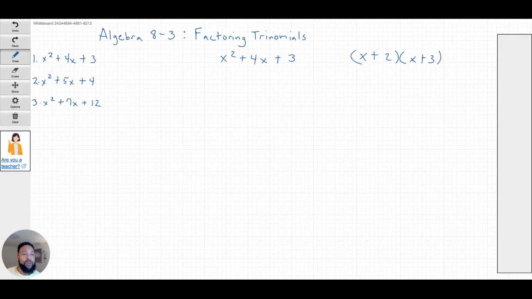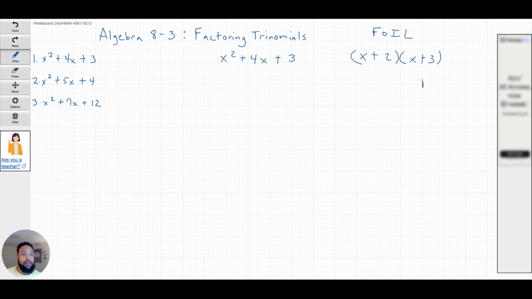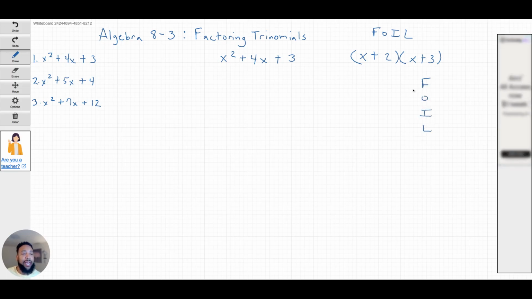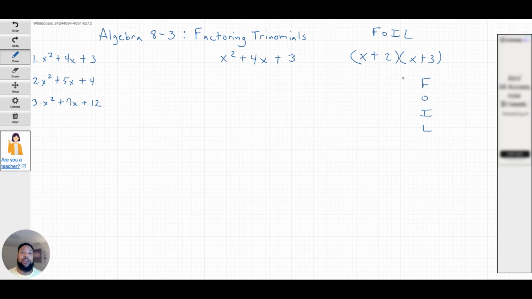So if we use the FOIL method to multiply these, F-O-I-L. Let's do it this way, F-O-I-L. Now bear with me for a minute because I'm going to show you how to solve these problems and be able to check your answer using the FOIL method. So bear with me for a second.